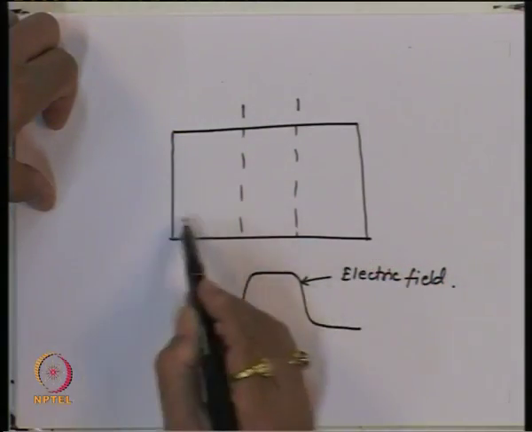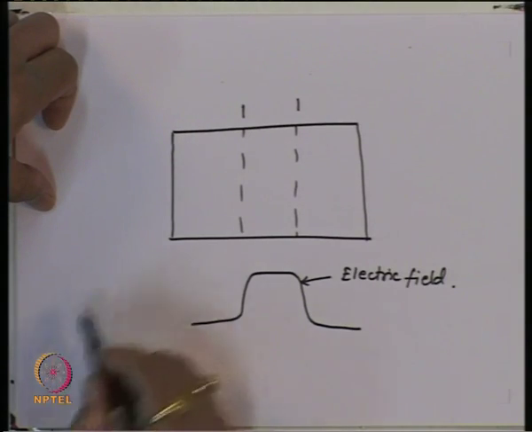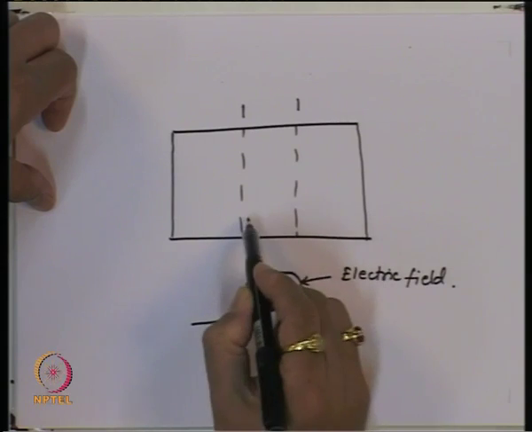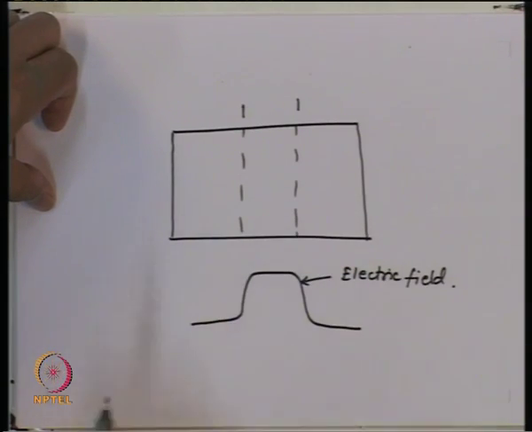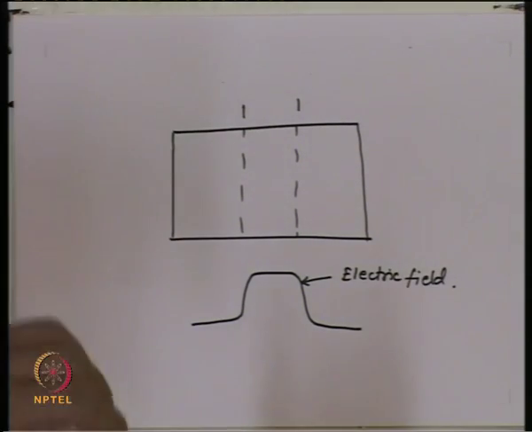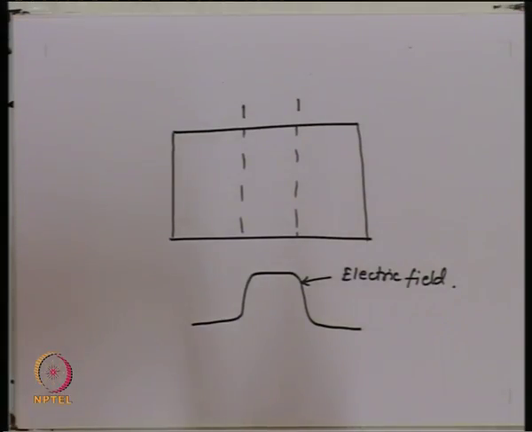Also, this length should be reduced, so that when the photon is incident, it practically gets absorbed in this region, which is the depletion region. That's what is essentially realized by introducing an artificial layer of intrinsic material between the PN junction.